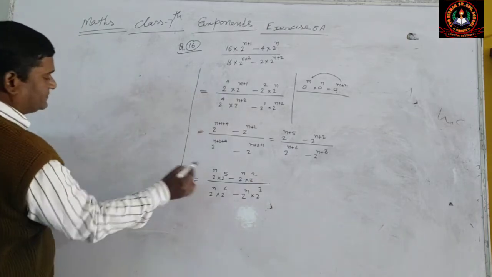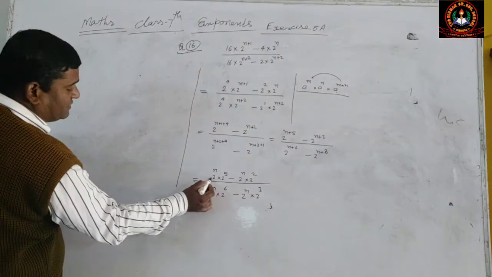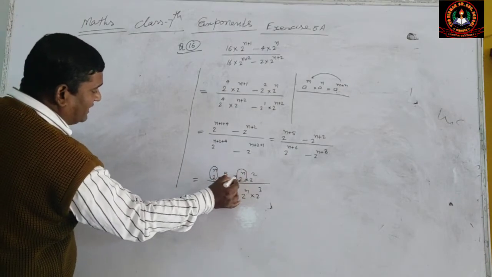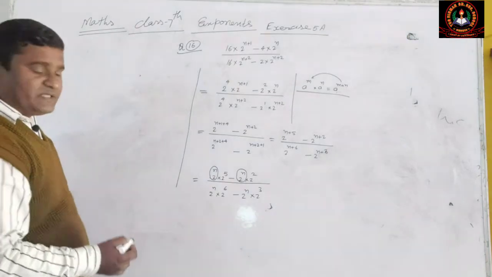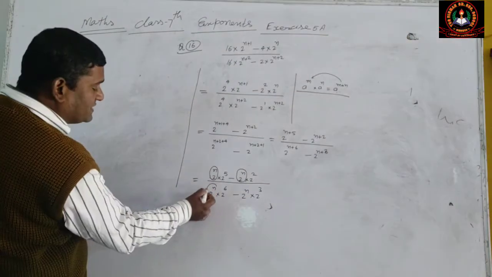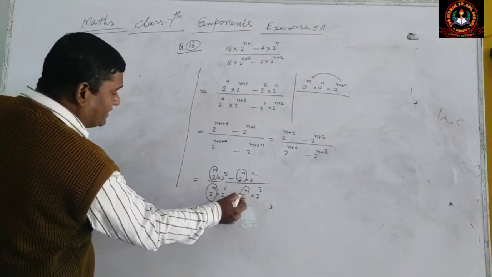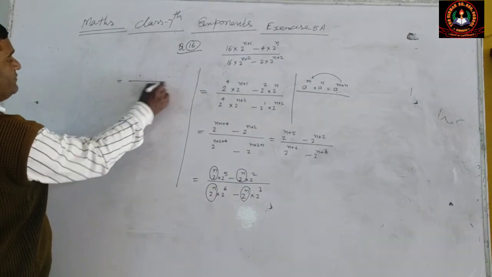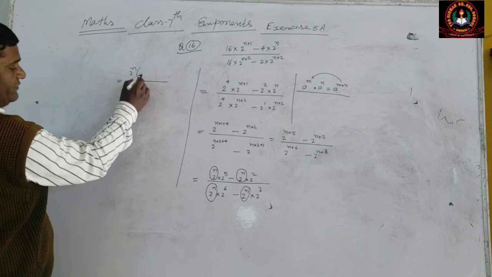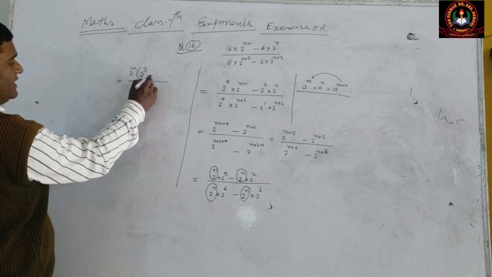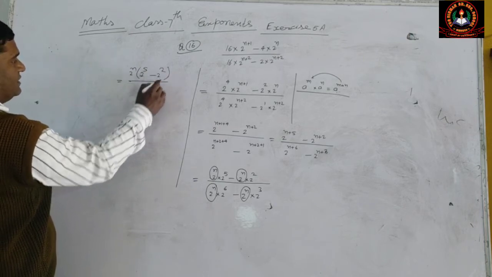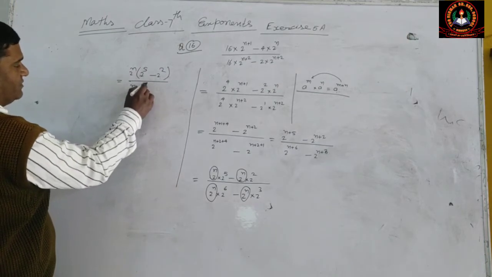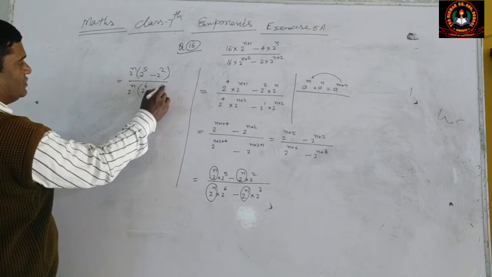Here we see that 2 to the power n is common, and similarly in the denominator 2 to the power n is also common. Then we may write 2 to the power n into (2 to the power 5 minus 2 square) upon 2 to the power n into (2 to the power 6 minus 2 cube).